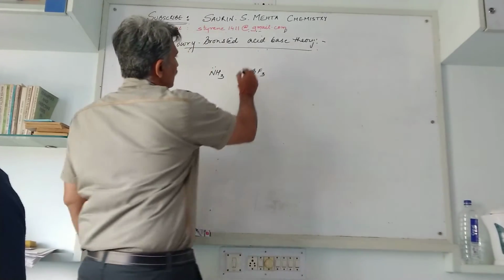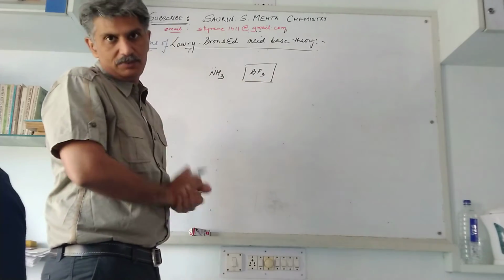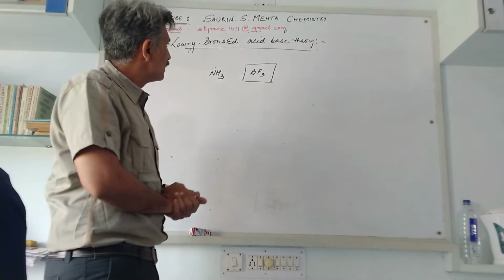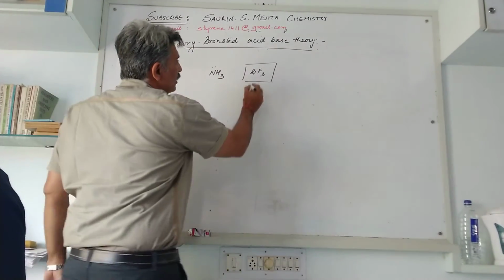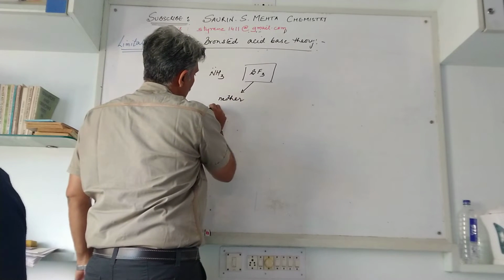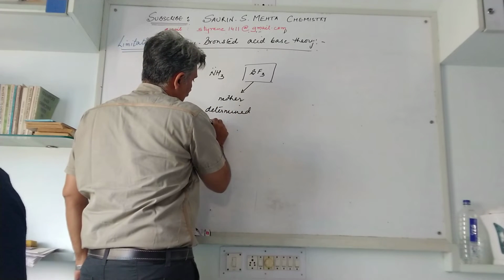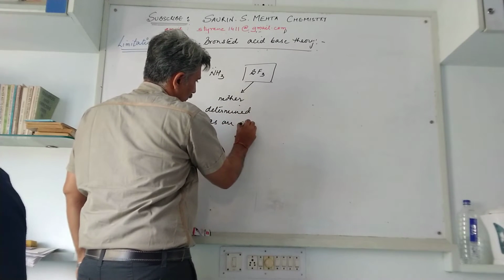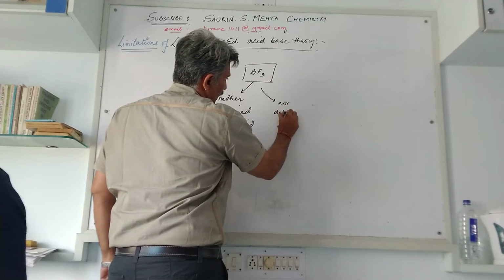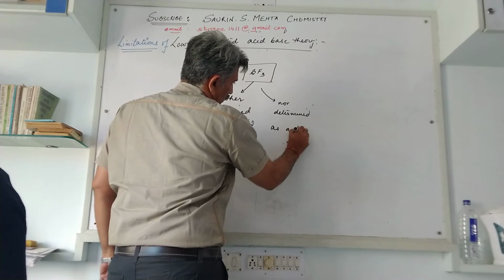So here I would say that the limitation of Lowry-Bronsted theory is this compound, and of course many more, but we are taking everything in brief: BF3 is, according to Lowry-Bronsted, determined neither as an acid nor as a base.